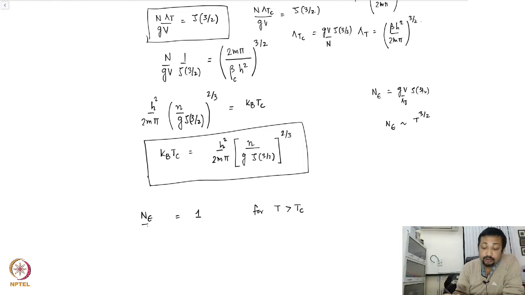Or essentially I can write Gv over n zeta 3/2, which is n epsilon over n, is Gv lambda t n zeta of 3/2, which is essentially lambda Tc over lambda t.